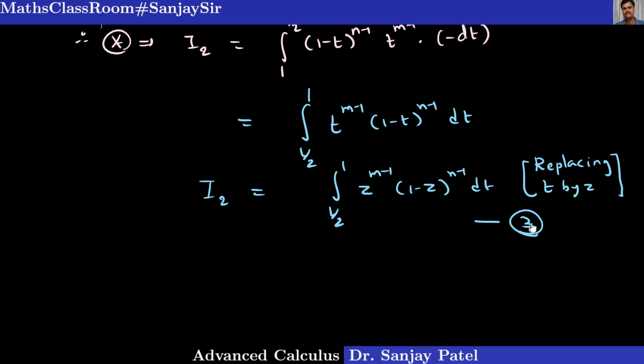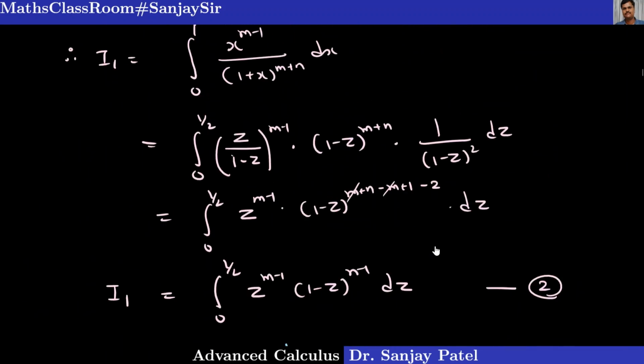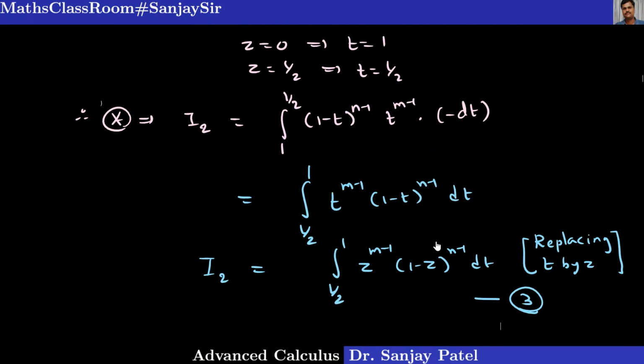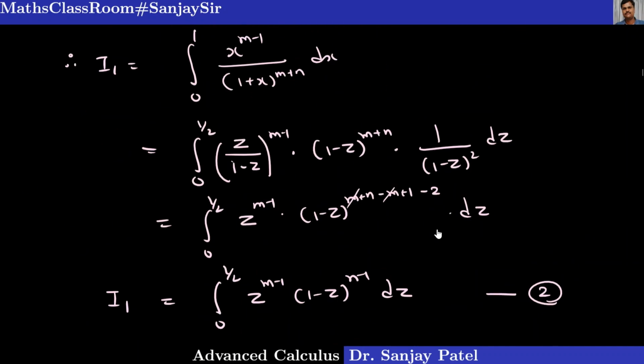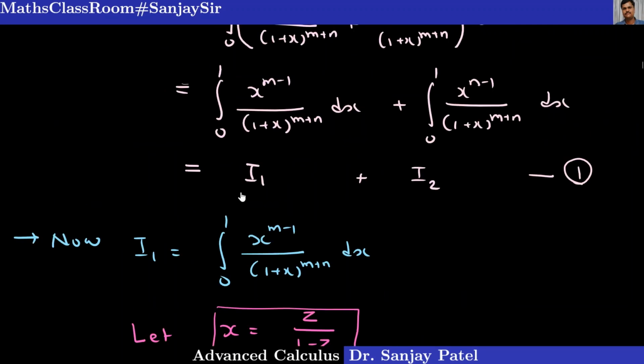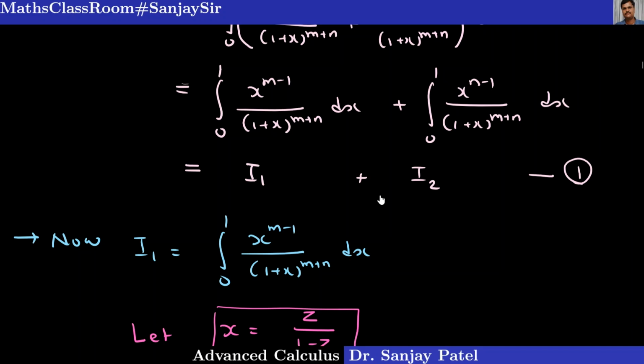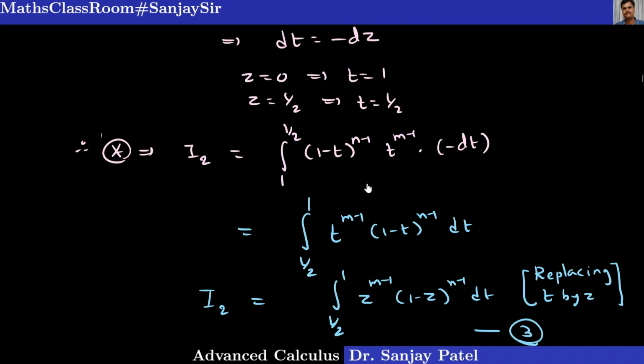Let me call this result number 3. So putting the value of result 2 and 3 in 1, this is 3, this is 2. Putting all this in our first result, LHS is equal to I1 plus I2. So I have to add these two things.